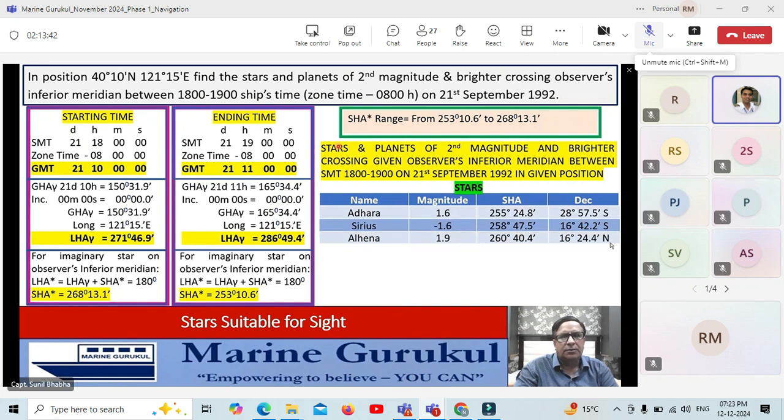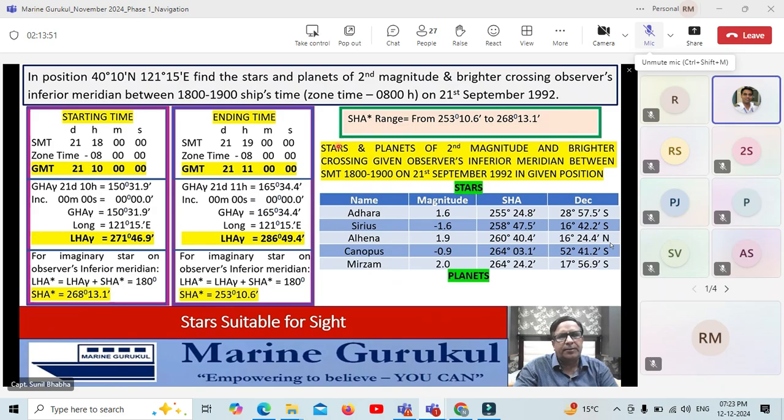We get Adhara, we get Sirius, we get Elena, we get Canopus, we get Mirzam. So these are the 5 stars that we get, which have the SHAs. You can see they are in this range, and their magnitude you can see here. They are of magnitude 2 and brighter.